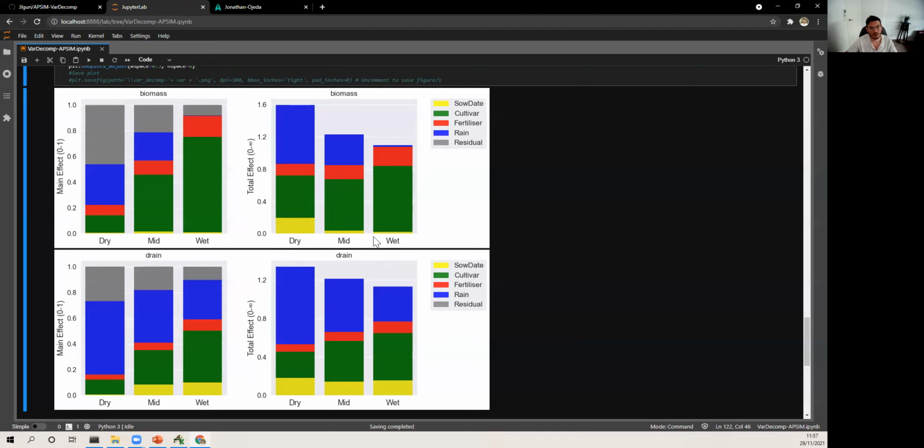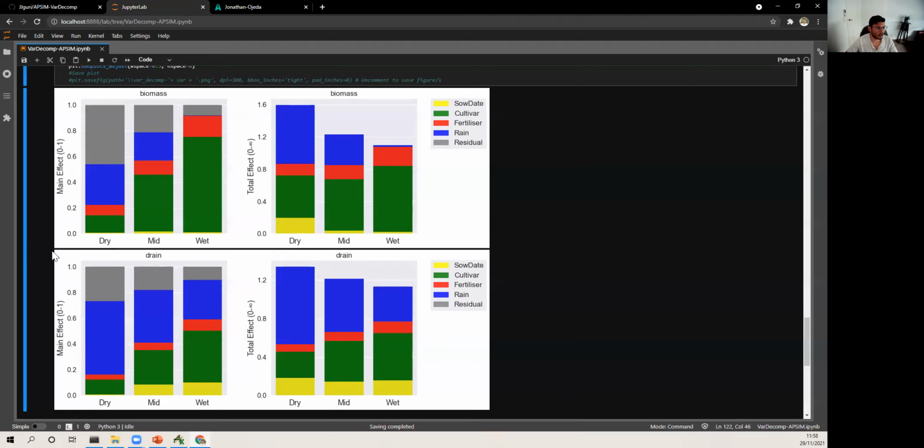So basically, if we need to conclude based on this figure, we can say that independently of the environment, the cultivar factor interacts a lot with other factors. So that will be the way of interpretation of this figure.